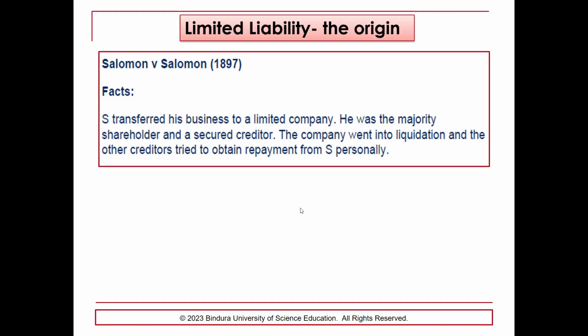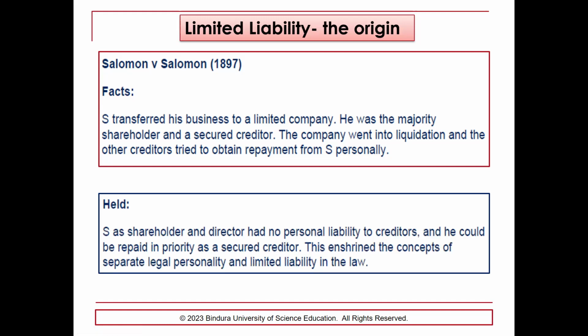So the case was considered in court, and it was held by the judge who presided over the case that Solomon, as a shareholder and director, had no personal liability to creditors, which means the creditors could not go to him and ask him to pay money that was owed by the company, because the company was a separate legal entity from Solomon. So the court ruled in favor of Solomon and said Solomon can get his money just like any other creditor, because he was also owed by the company, regardless of the fact that he was the one who had started the company. So that's basically the concept of limited liability.